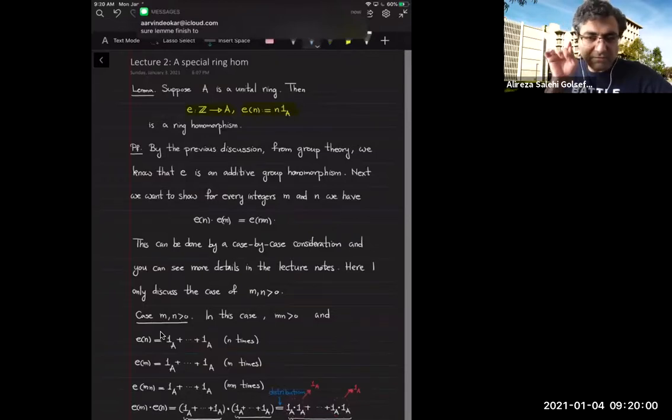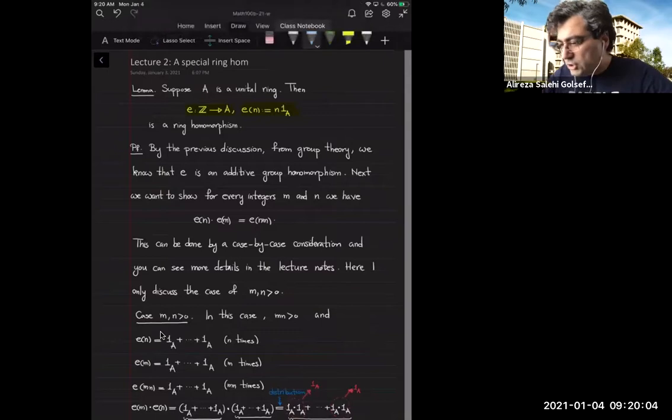That means I need to focus on multiplication. I need to show that E(n) times E(m), where this multiplication is within the ring A, is the same as E(nm). Again, this is the operation in A.